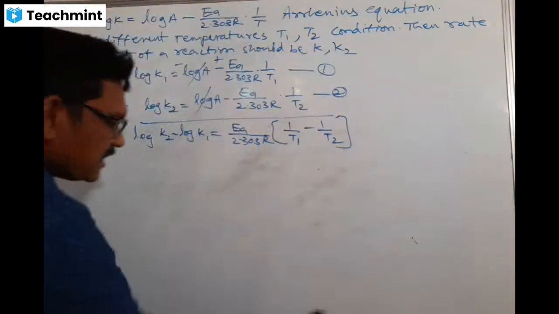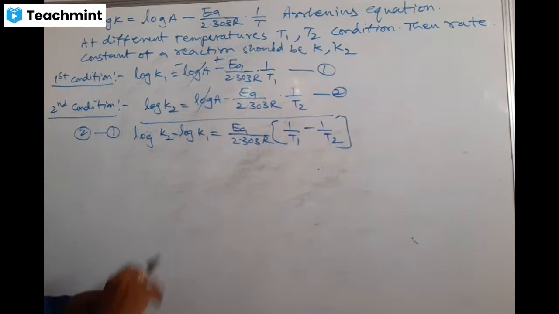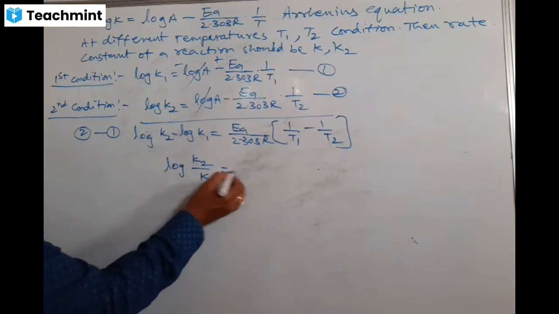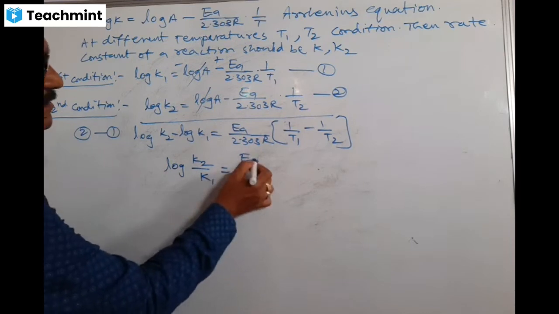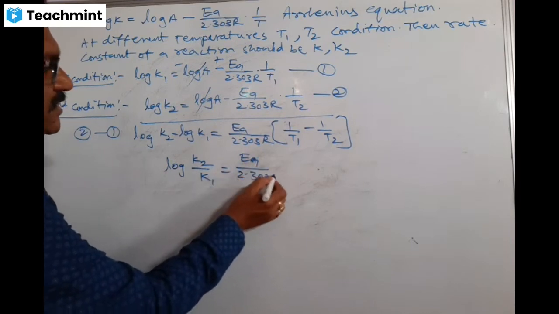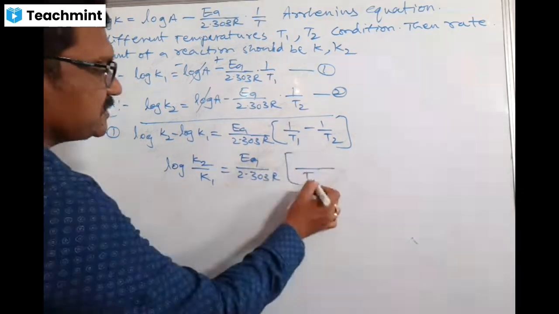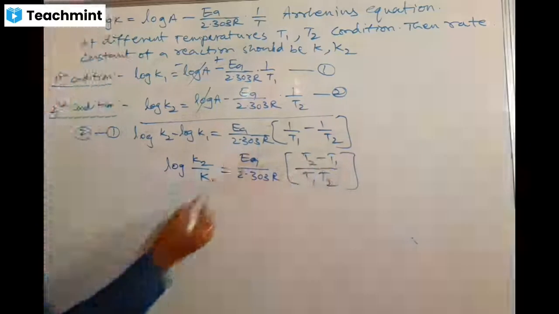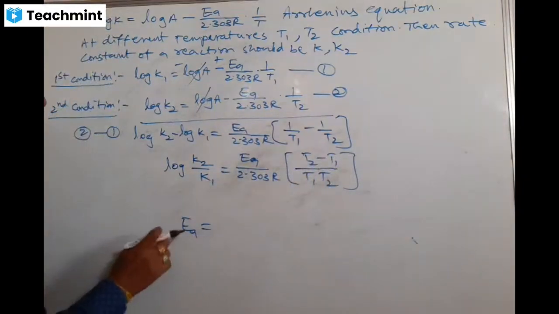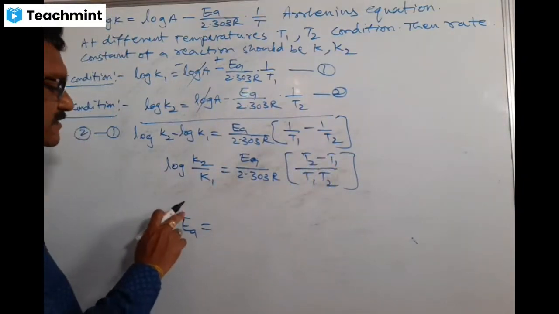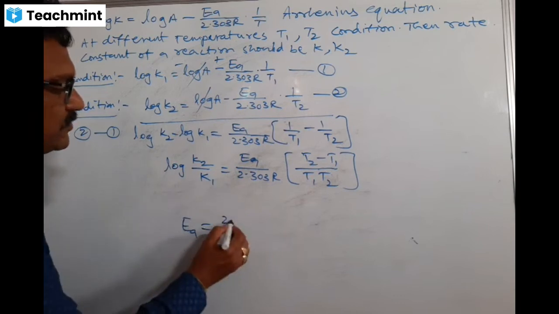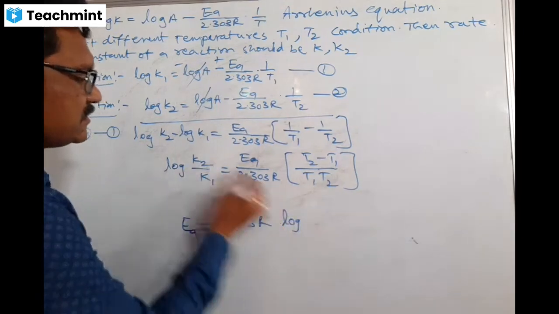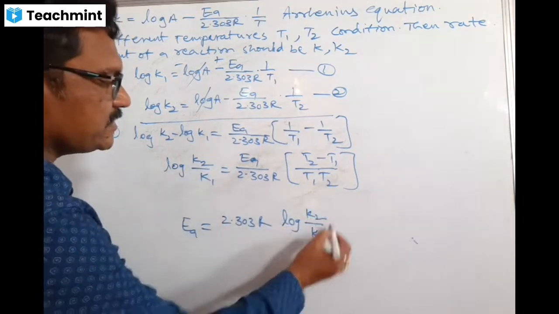See here, log K2 minus log K1 means log A minus log B, that is equal to log K2 by K1, equal to EA by 2.303 R, and here take the LCM T1 T2, T2 minus T1. Our main aim is the equation for calculation of EA. EA is equal to 2.303 R, log K2 by K1.